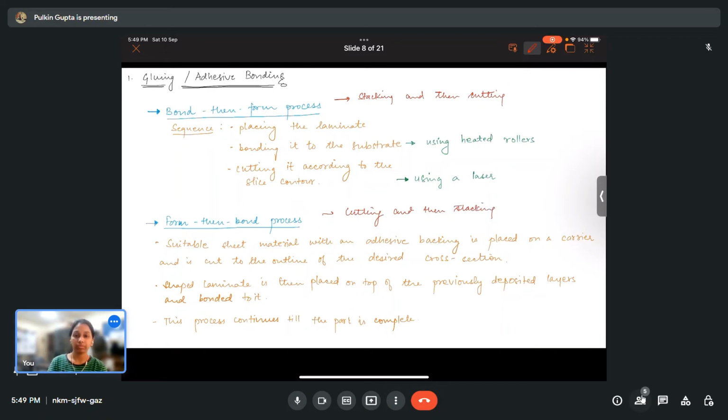Now for the bond then form process, what will be the sequence? You'll place the laminates and bond them to the substrate using heated rollers.